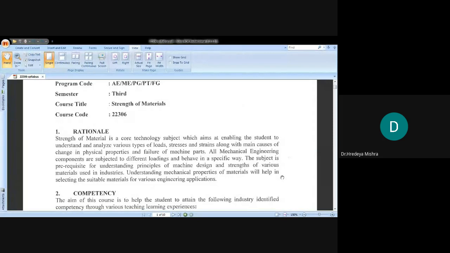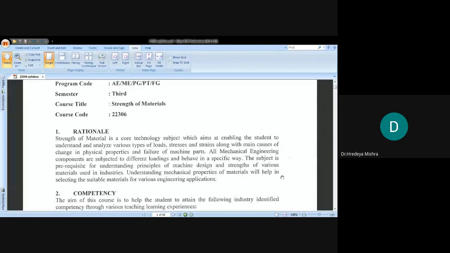how much stress we get after applying a particular load. Okay, so what is stress? There is a very important question: what is the unit of stress?